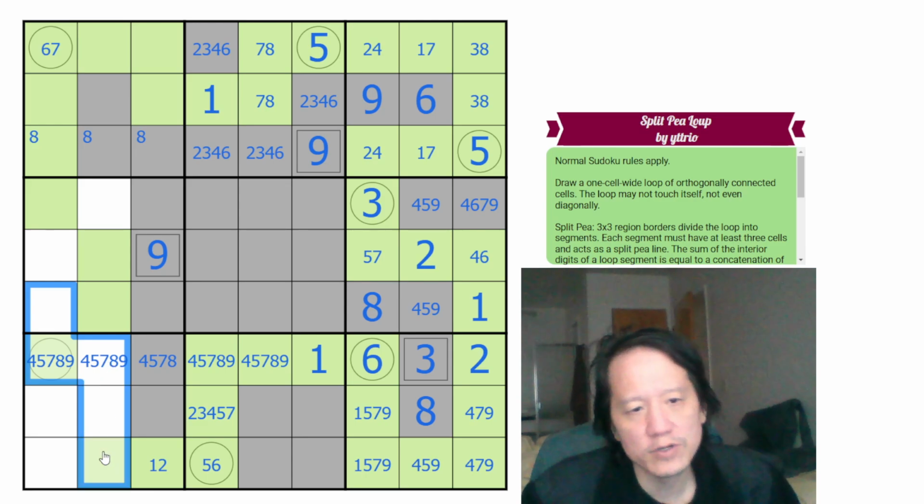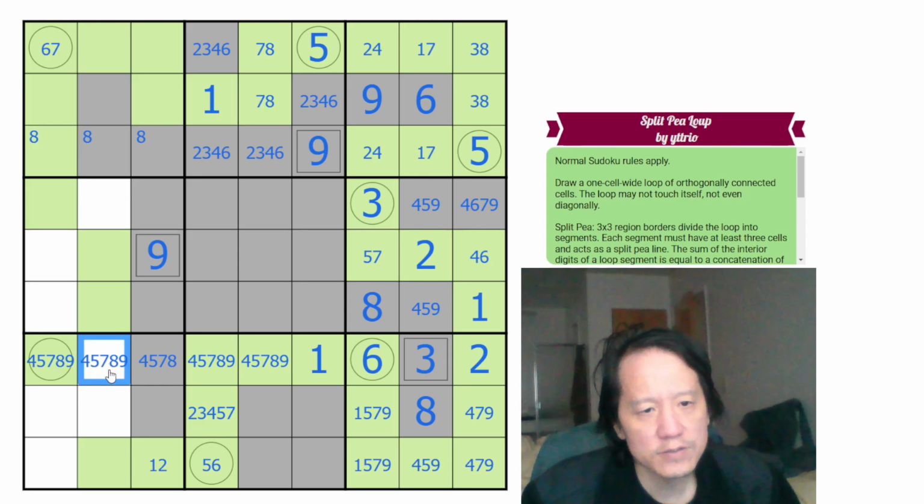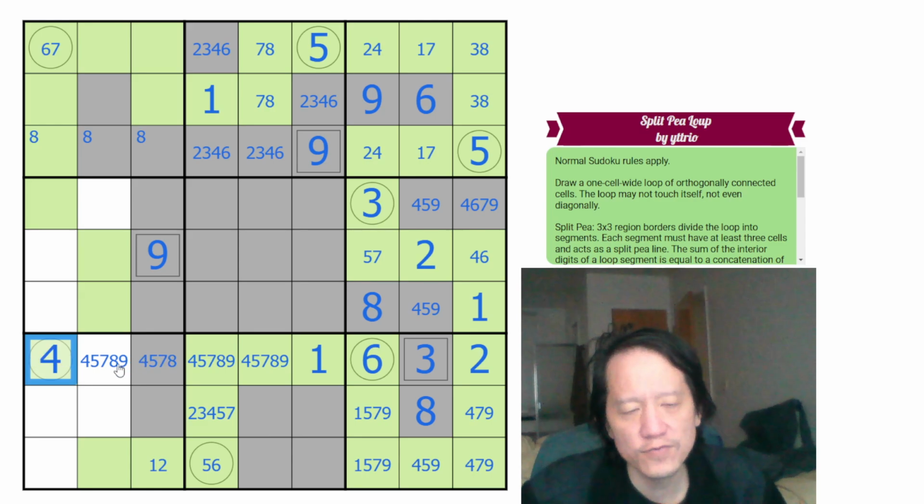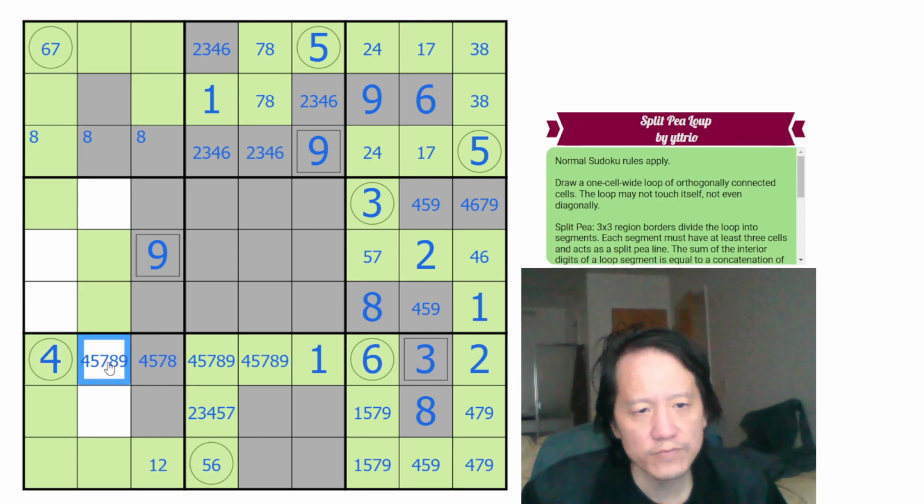Well, it could go this way. No, that would be 3, and it can't touch that. So either it goes here and exits out that way, or it goes here and exits out this way. It cannot go here, because then this would be only 3. So therefore, this is 4. It must go here. We don't know which one of these it goes through. So these can't be 4.